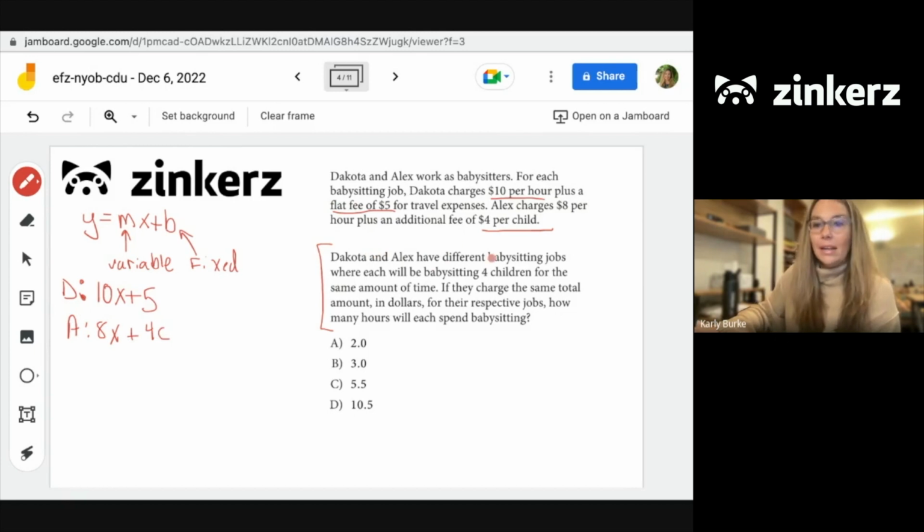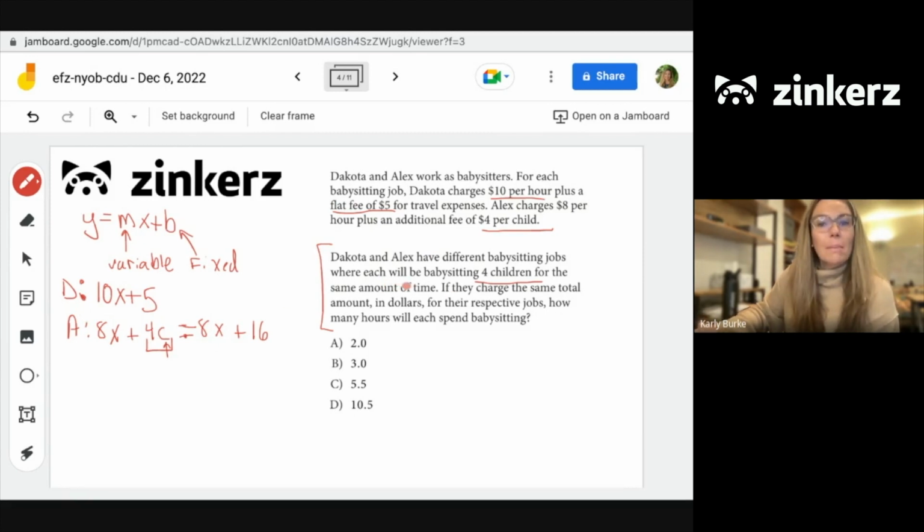So Dakota and Alex have different babysitting jobs where each will be babysitting 4 children. So that's 4 children no matter what. So I can actually rewrite Alex as 8x plus 16 because I know the number of children is 4. All right, let's keep going.